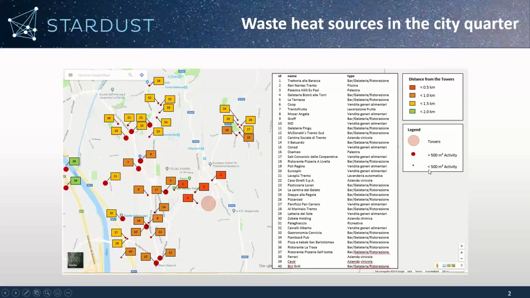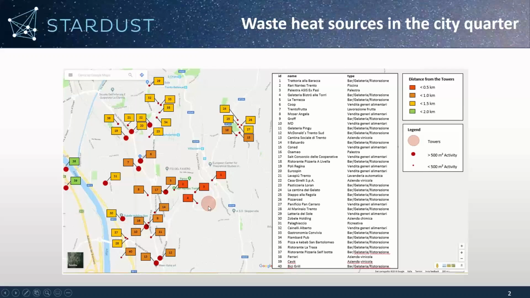And we categorize them by site on the one hand, because this is relevant to extrapolate potential from reference production sites that you can find in the literature, as we will see later on in my presentation. And we categorize them also in terms of distance from the 3 towers. So in red, the closest ones, orange, yellow, and then green, the buildings that are in a range of 2 kilometers from the towers.